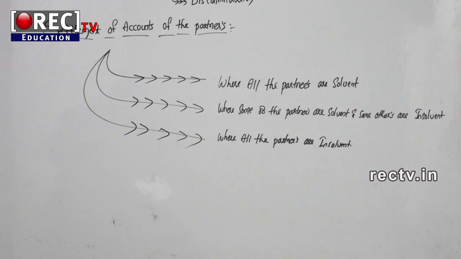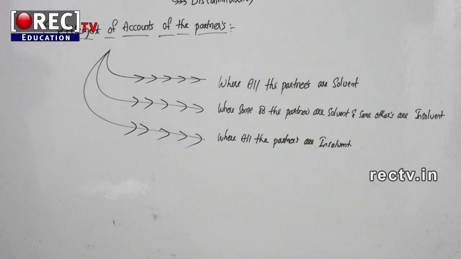So with this, before closing our dissolution of partnership firm, there are two entries. What are they? For the payment of liabilities in the case where all the partners are insolvent: liabilities account debit to cash or bank account, debit to deficiency account. So here we have additionally opened a deficiency account.